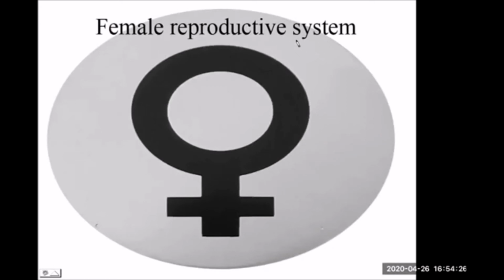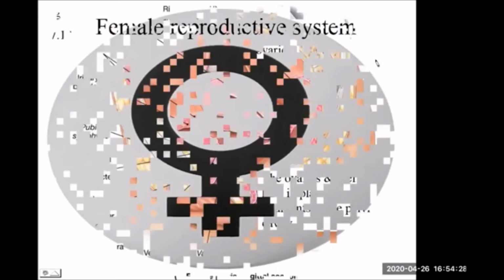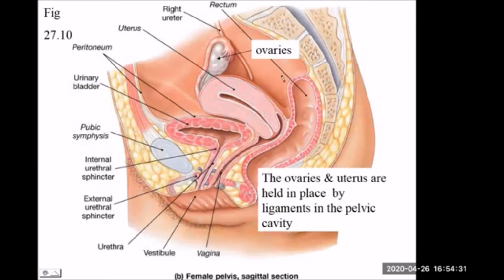We're starting the female reproductive system. Taking a look here now, the female gonad, the ovaries, have an internal position within the pelvic cavity. The uterus and fallopian tubes as well are all held in place in the pelvic cavity by multiple ligaments.